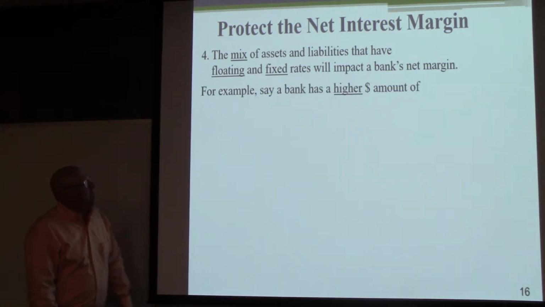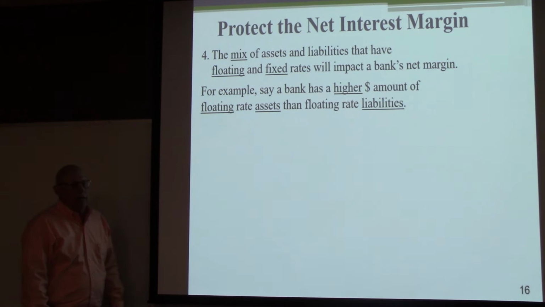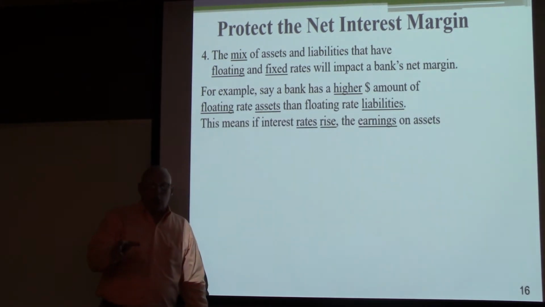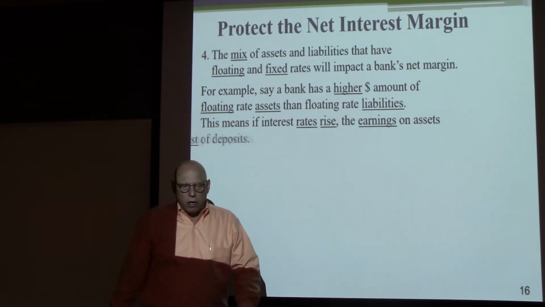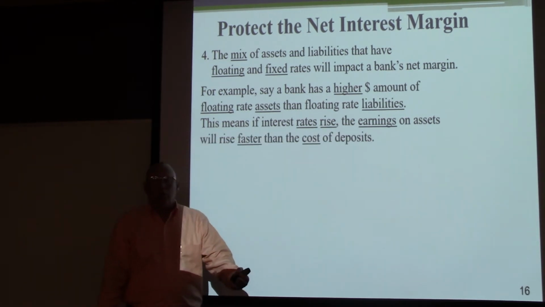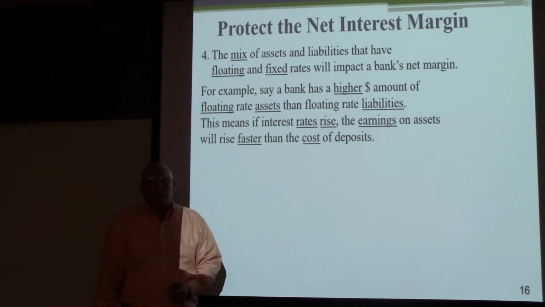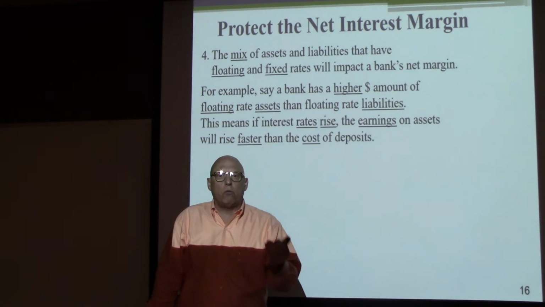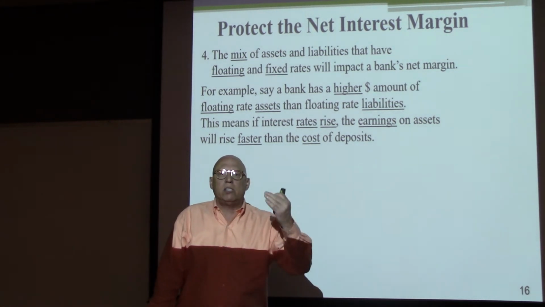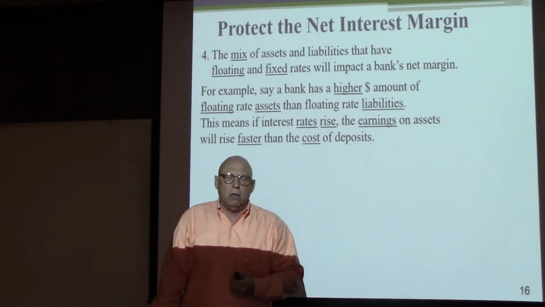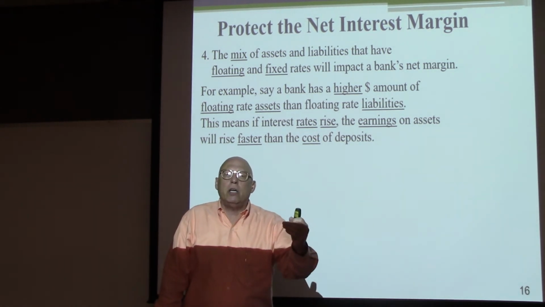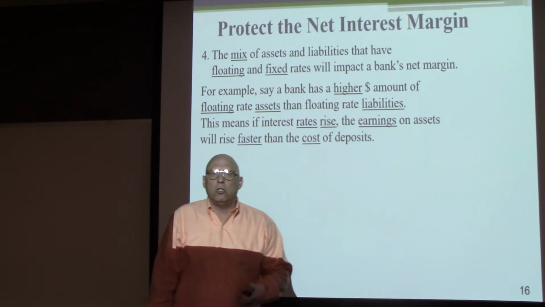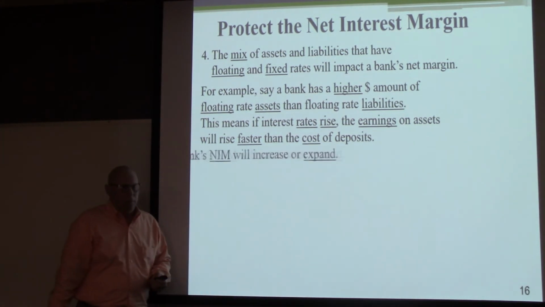For example, say a bank has a higher dollar amount of floating rate assets than floating rate liabilities. This means if interest rates rise, the earnings on assets will rise faster than the cost of deposits, because floating rate means that the rate follows the market. So if market rates go up and you have more assets invested in floating rate, then your asset earnings go up by more than your liability expense, and your margin widens.